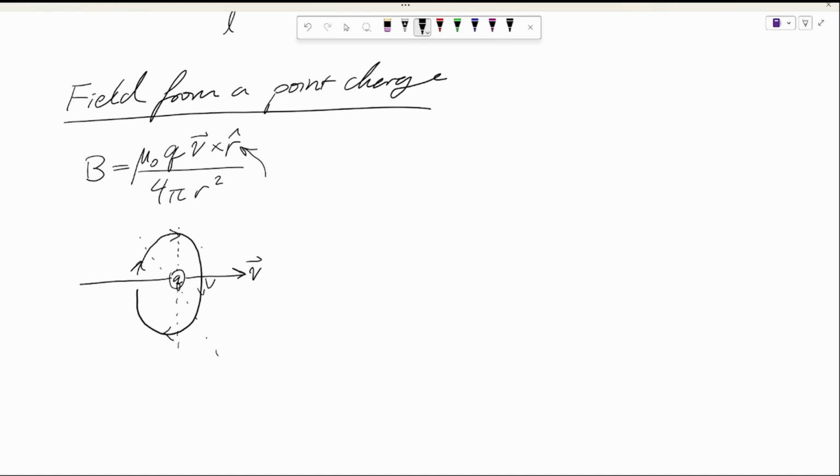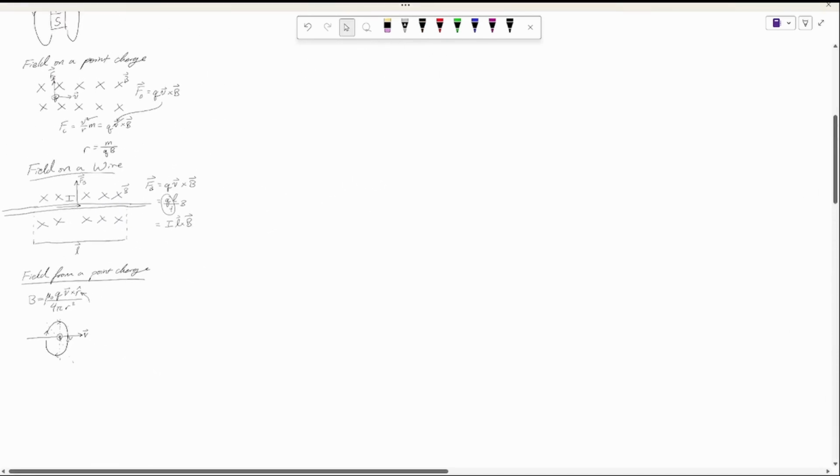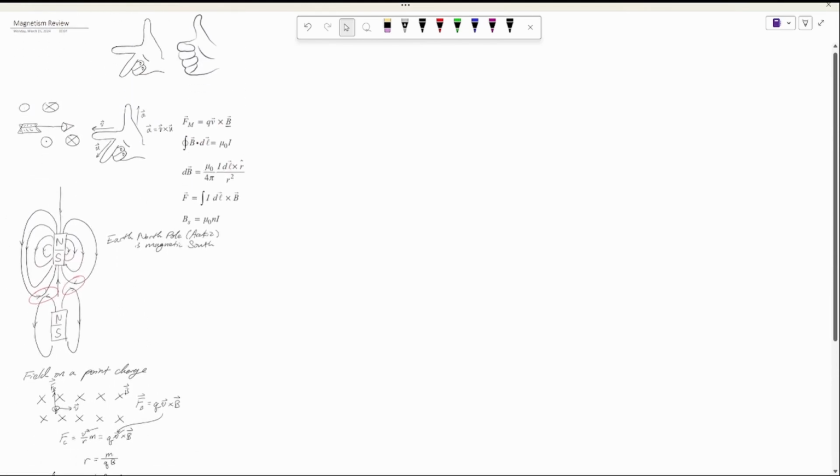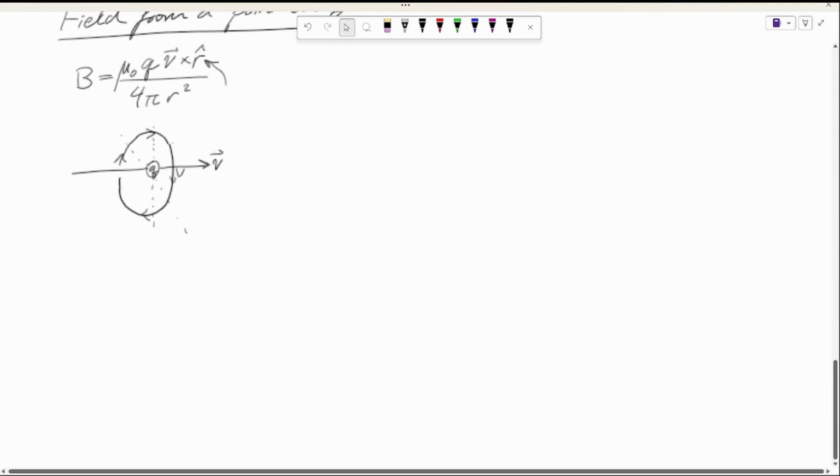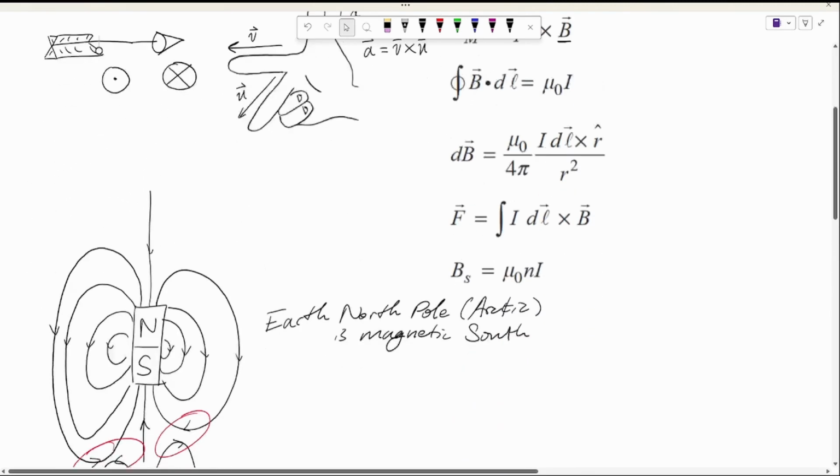So there is a right-hand rule you can use for this. This will also apply to the wire later.